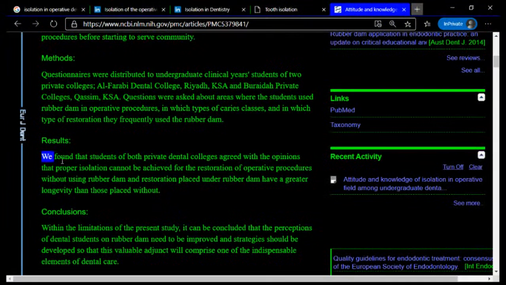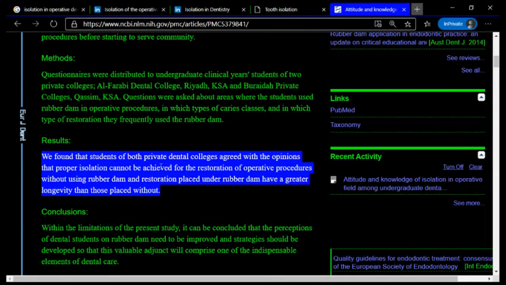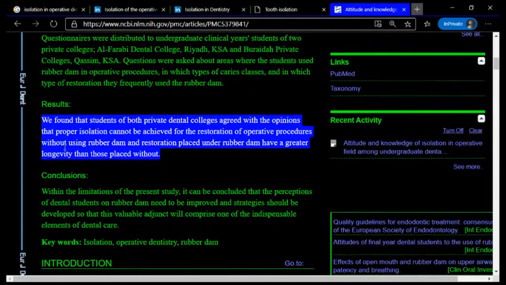I think we have the results found in the 2 student groups. Both dental colleges agreed with the opinions that proper isolation cannot be achieved for the restoration of operative procedures without using rubber dam, and restorations placed under rubber dam have greater longevity than those placed without.